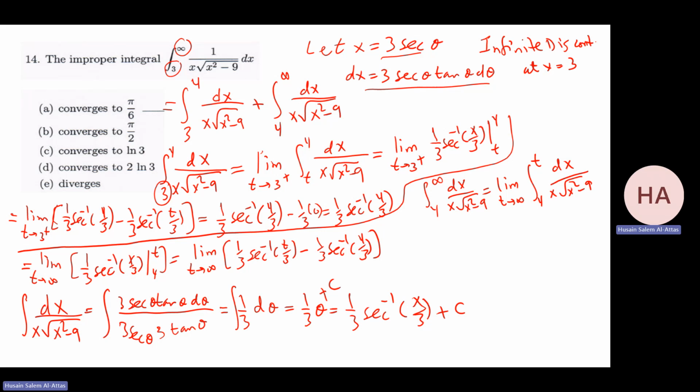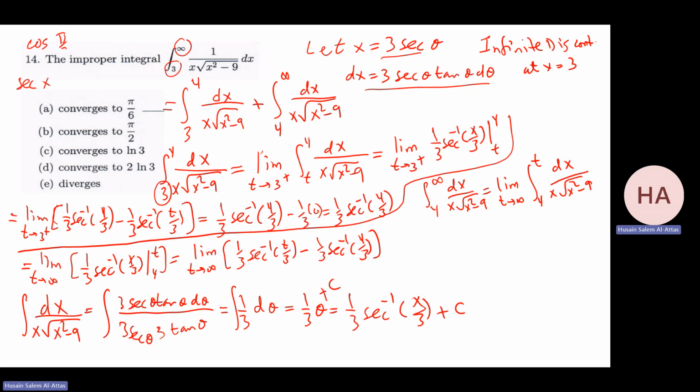Now, when secant goes to plus infinity, it will be secant pi/2. If x goes to pi/2, then cosine pi/2 is 0.